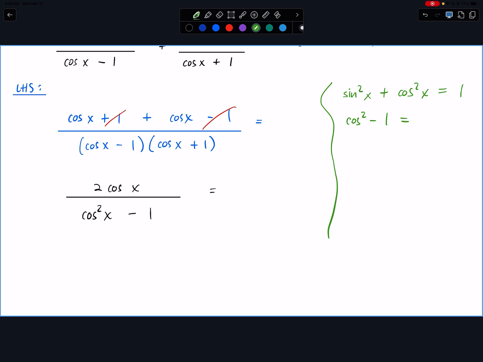Negative sine squared x. So this is a good lesson to show you guys, please, I forgot the x, sorry. Please write this down when you do these so that you don't substitute the wrong thing.